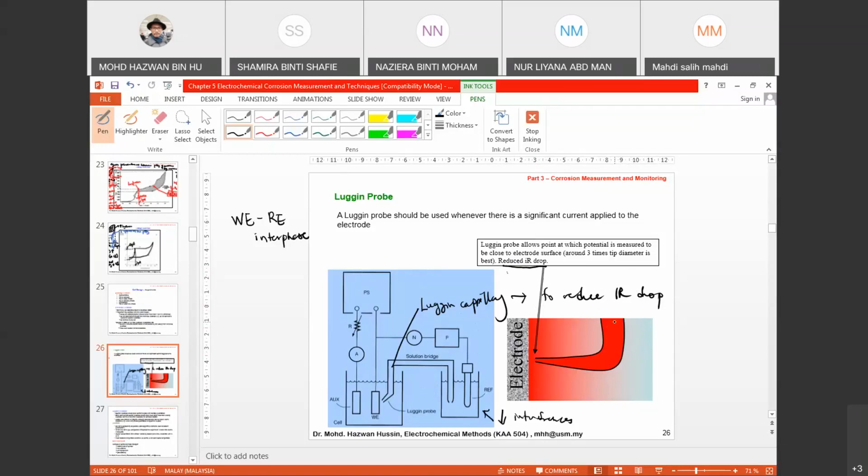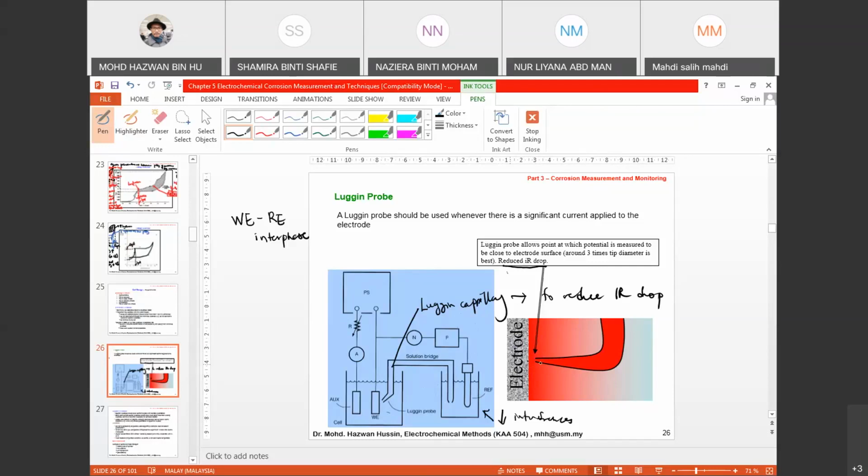If you have anything, for example a coating or other types of impurity, a passive layer or whatever, that can give an increase to higher resistance or difficulties in electrochemical measurement, then the reference electrode position will need to be as close to the working electrode.